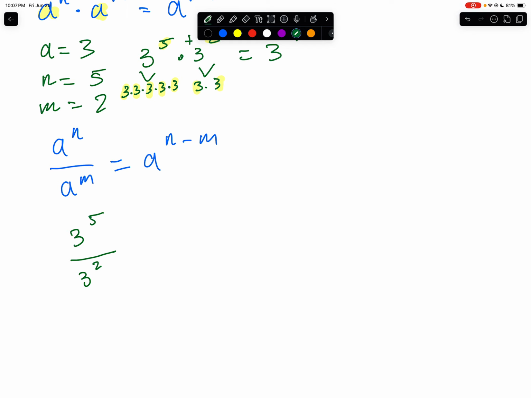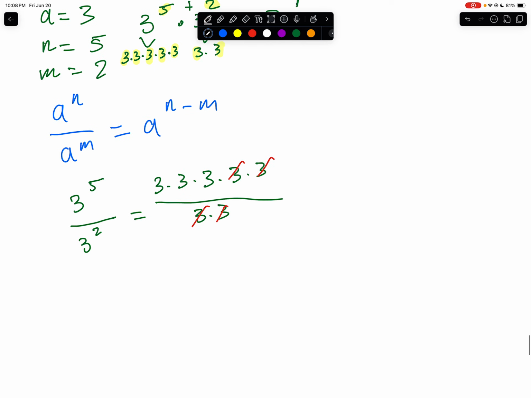If you think about this here, this will be 3 times 3 times 3 times 3 times 3, 3 multiplied by itself 5 times, and then 3 squared, so 3 times 3. Let's cancel out 3's, right? So now we're left with 3 times 3 times 3, which is 3 cubed.